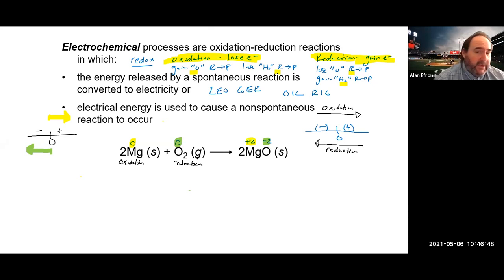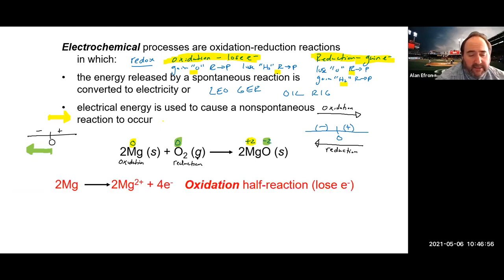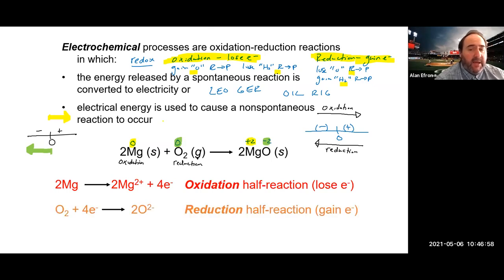What that means is we can split this reaction off into what is referred to as half reactions. A half reaction is a reaction that implies an oxidation reaction and one that implies a reduction reaction. Since we know that the magnesium is going through oxidation, it will be giving off electrons. And that would represent our balanced oxidation half reaction.